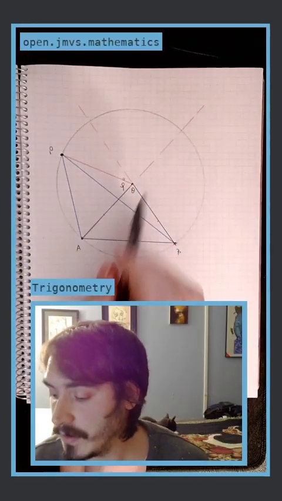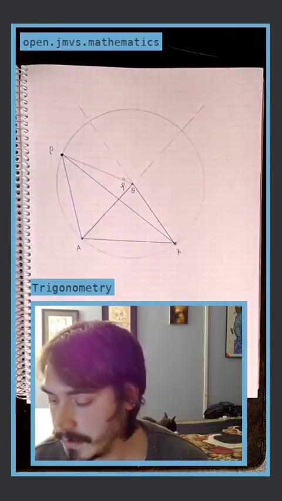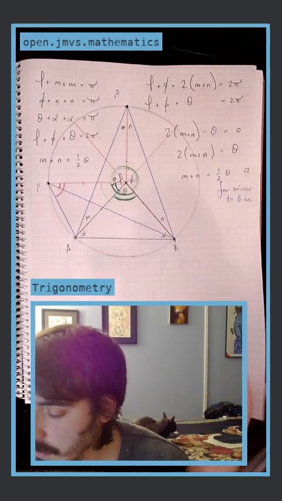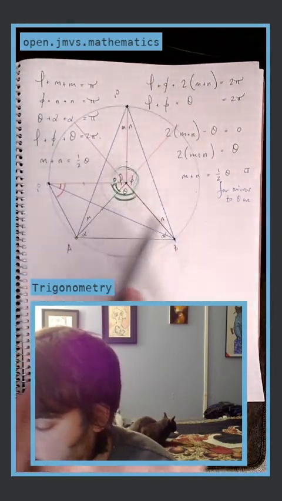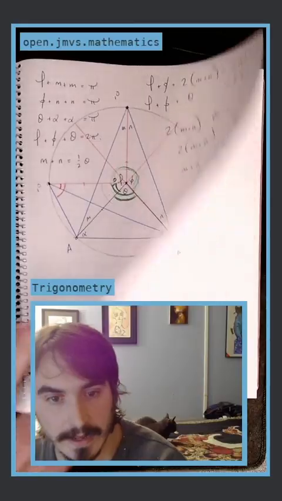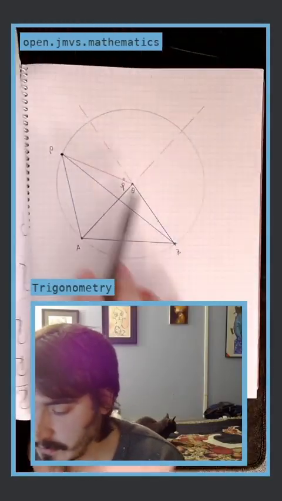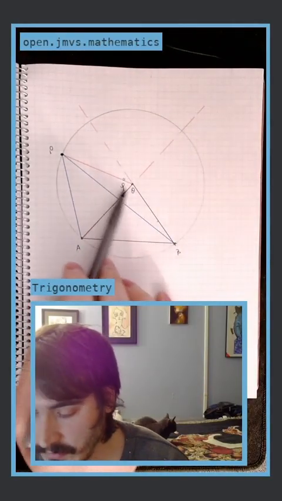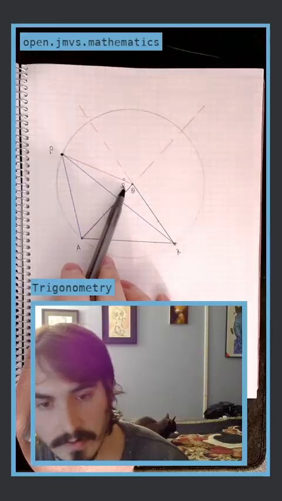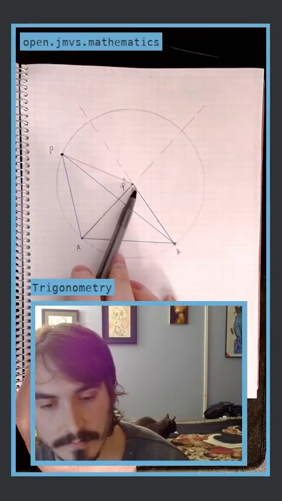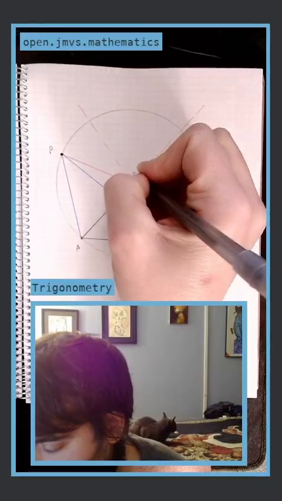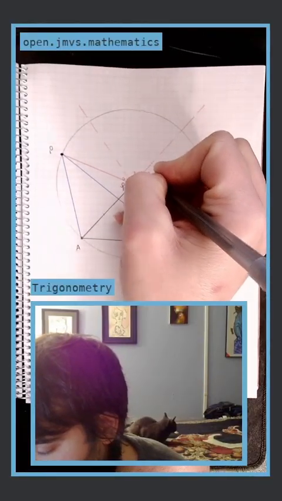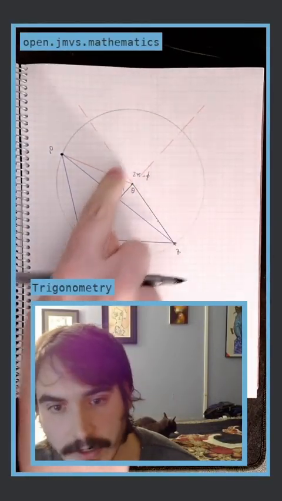And remember, O sub 1 O B. That was phi, but that was on the interior, which is now the sum of these two, right? Theta plus C must be this. But just so I have it labeled, I'm going to write 2 pi minus phi out here.